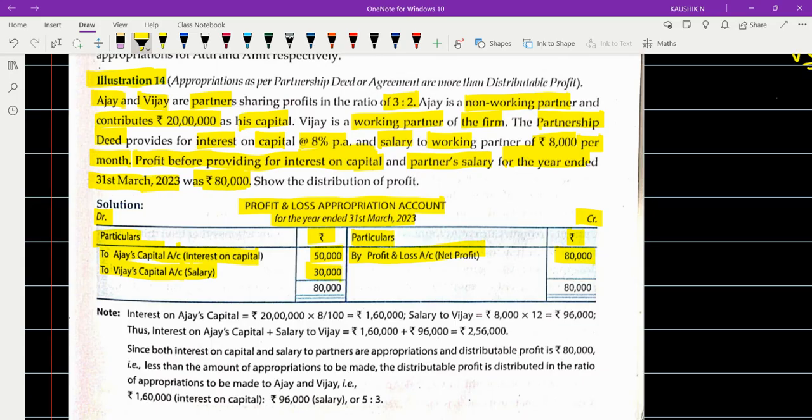Remember, it is not a share of profits, it is the appropriation that we do. And once we complete the appropriations, if there is any residual balance left over, that will be provided as a share of profits to a partner. If there is not sufficient balance for providing appropriation itself, then nothing will go to the partner as his share of profit or loss.